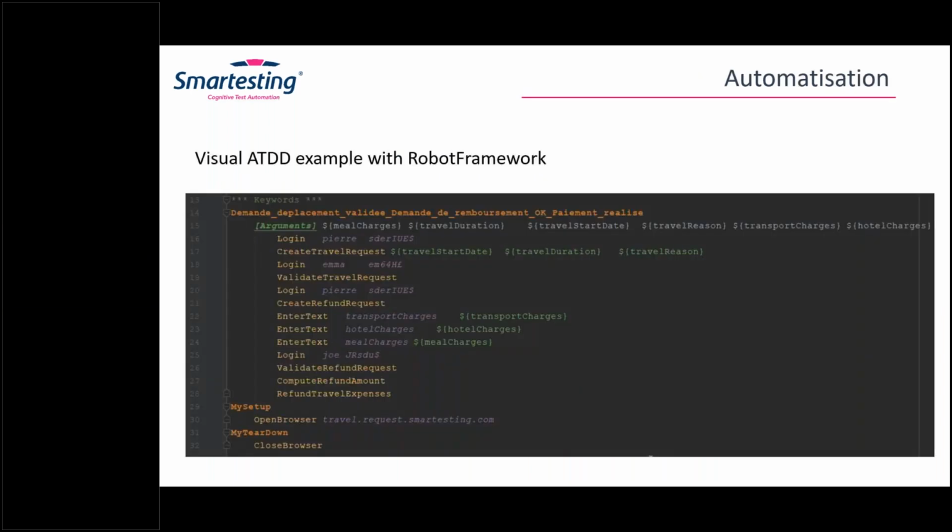Let me quickly give you an example of a Robot Framework script being generated out of Jest, which is one of our products, for the scenario that we just spoke about a while ago. And we've got similar, equivalent tools that help in generating automation scripts from BDD Gherkin as well.